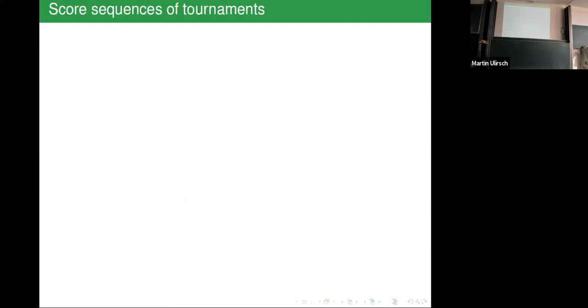So let me then give you a few basic mathematical definitions of tournaments. A tournament is just an oriented complete graph. So you take the complete graph on n vertices corresponding to the n players, and orient each edge in one direction or the other.